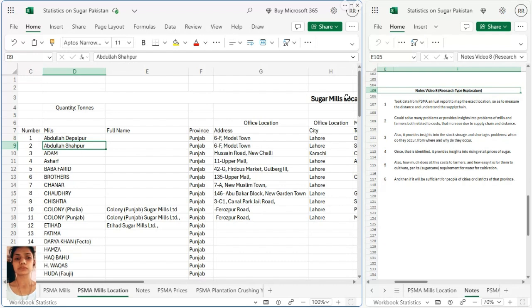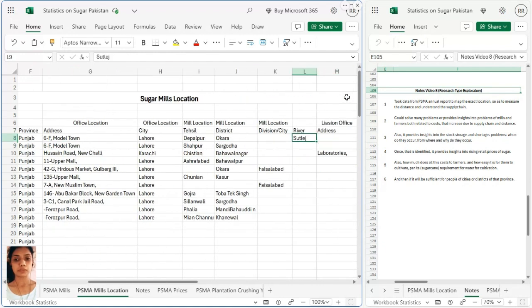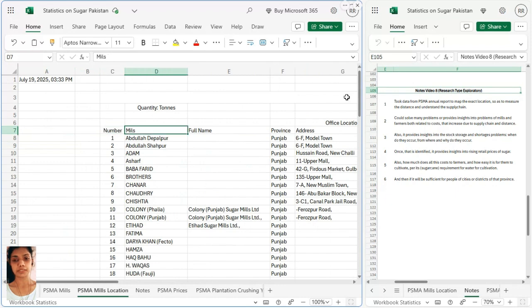So there is a conflict, a contention, about the quantity of water that sugarcane uses. So I tried to map the rivers near these mill areas as well.